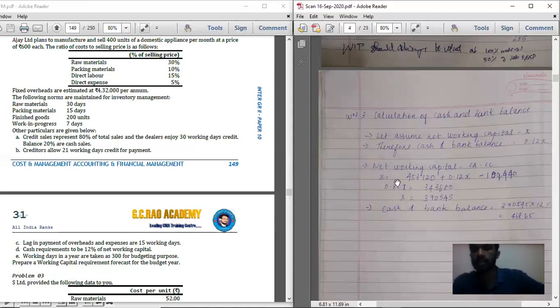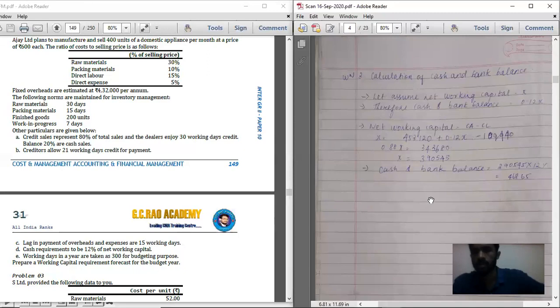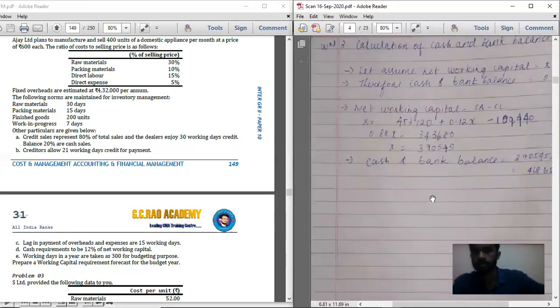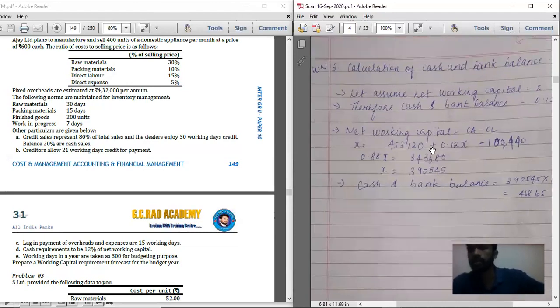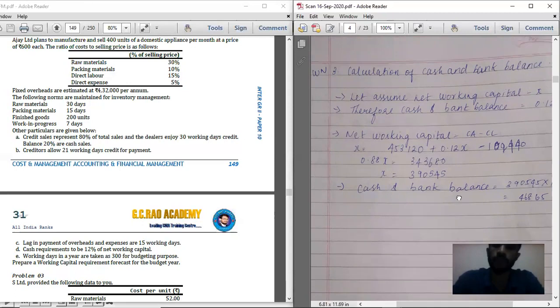So x is equal to, what is the current assets excluding cash and bank balance? We found 4,53,120. That is summation of all the other current assets excluding cash and bank balance, which we found.